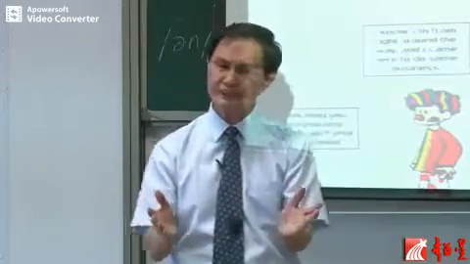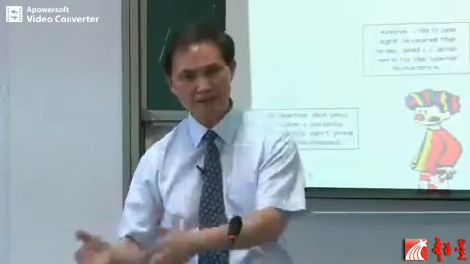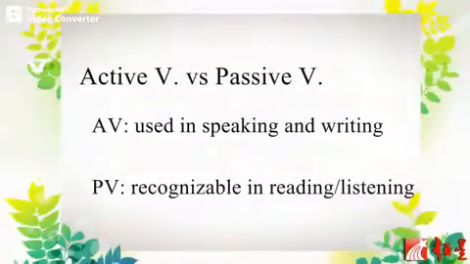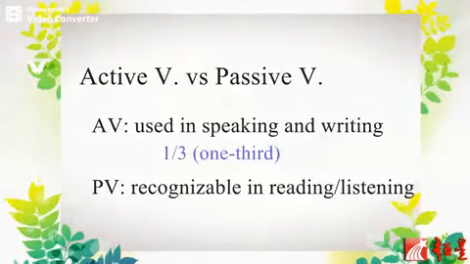And then what's the relationship between active vocabulary and passive vocabulary? This shows the relationship. That is to say, a person's active vocabulary is about 1/3 of the person's passive vocabulary. All right?